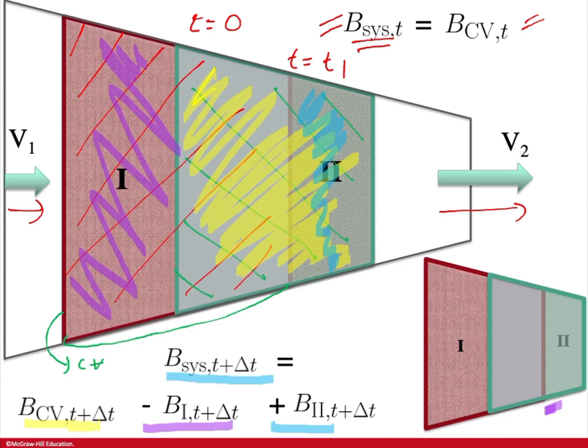So now if you want to find the time rate of change of this property or volume of the system, you have this expression for time t plus delta t of how much this quantity is for the system, and you have this expression of how much this extensive property was for the system at time t equal to 0, or initial time.